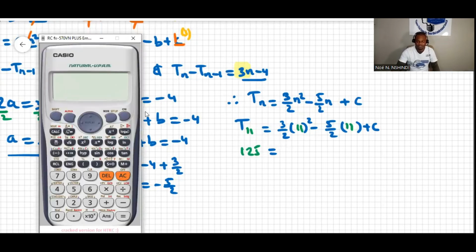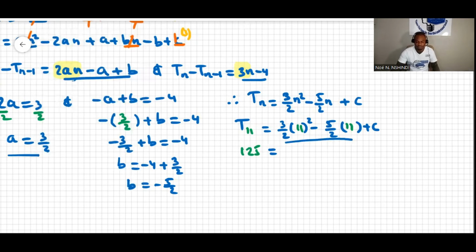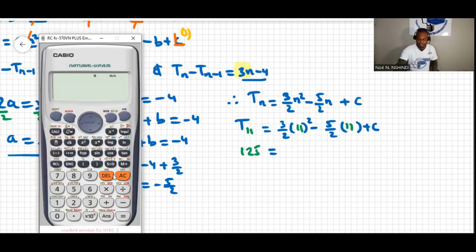Okay, I sub in its value, 125 equal to... we can work out this part in the calculator. So we can write 3 over 2 times 11 all to the power of 2, minus 5 over 2 times 11, and then this is equal to 154.